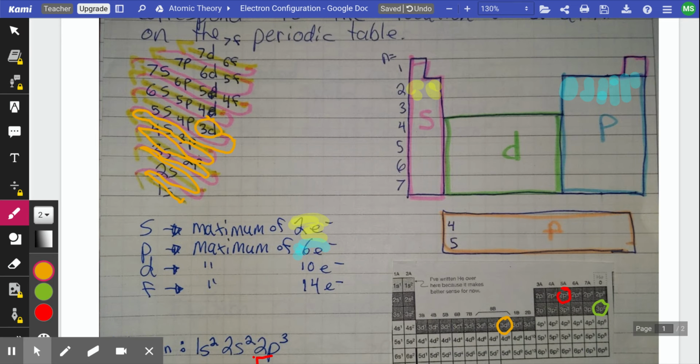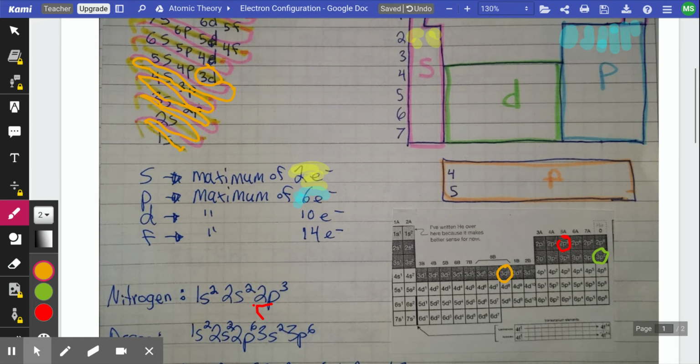This is where it gets a little bit confusing because there's actually some overlap happening between some of our orbitals. And in some cases, the s orbital gets filled before you finish off filling the d orbital for that energy level.